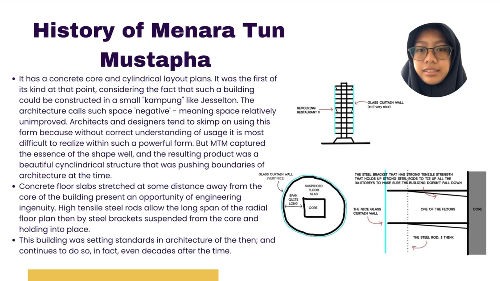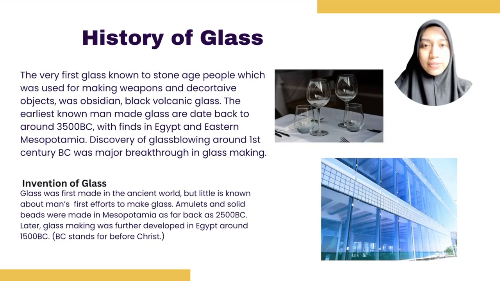High tensile steel rods allow the long span of the radial floor, while the steel brackets are suspended from the core and hold it in place. The building was setting standards in architecture back then and continues to do so, even decades after.